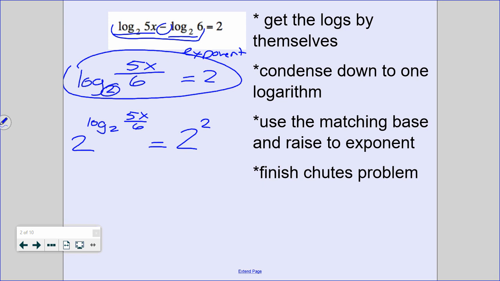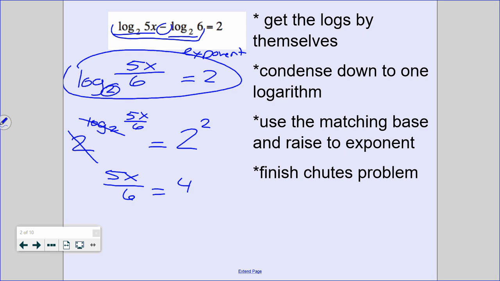The reason we do that is because log base 2 and 2 cancel each other out, and what are we left with? The 5x over 6 equals 4, because 2 squared is 4.